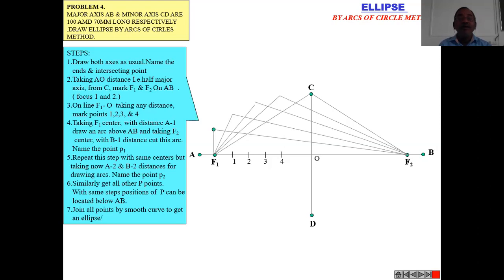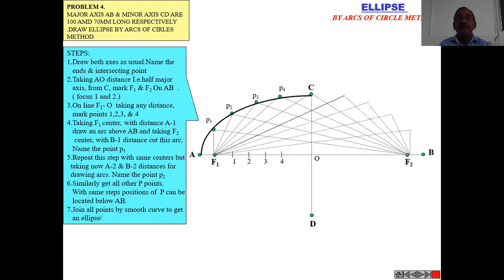Similarly, you can go for the first point, second point, third. In the same manner you do the other quarters. The same points, the same radii you can take. The only thing is you just change the centers.